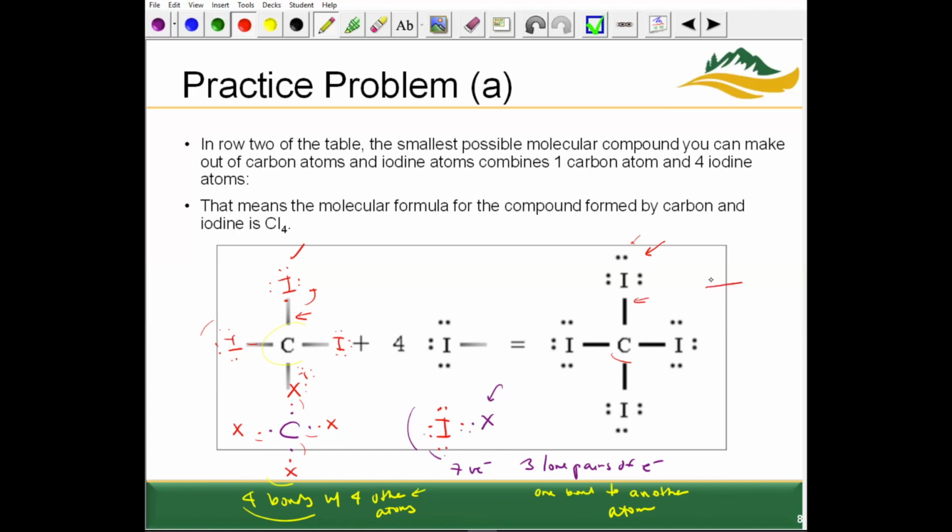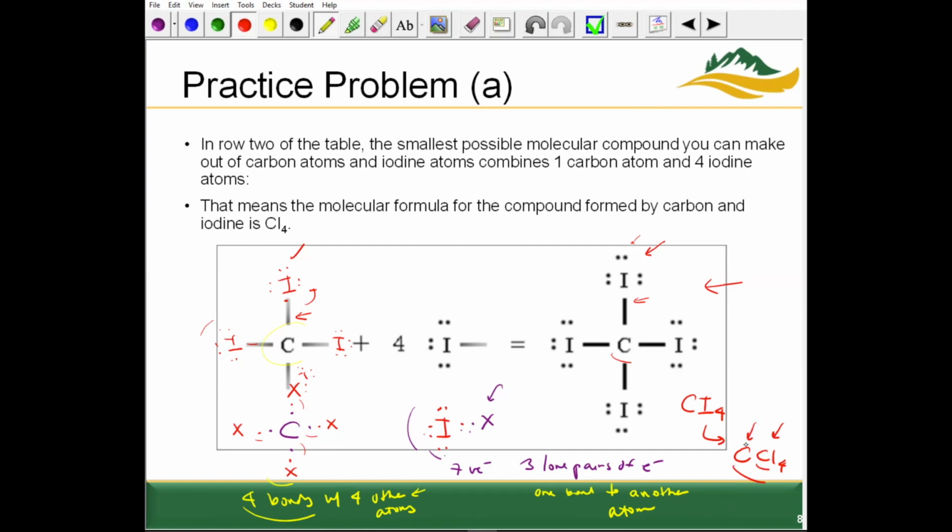The best structure for carbon with iodine then is 1 carbon and 4 iodine atoms. This is very similar to another molecule we've heard about a little bit, so carbon tetrachloride. It's going to bond in the same way because chlorine itself has 7 valence electrons.